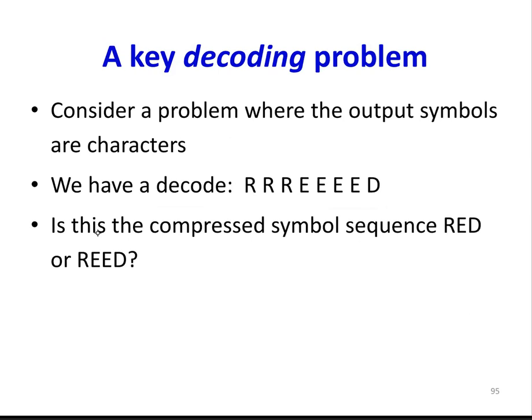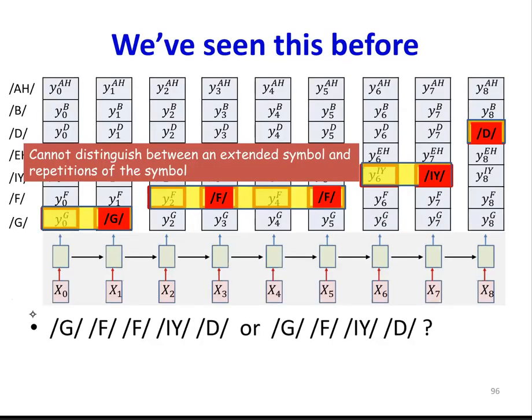So, for example, if I have a greedy decode which looks like so, 3 R's, 4 E's, and a D, should I be compressing it to red or should I be compressing it to reed? This information is not available, right?